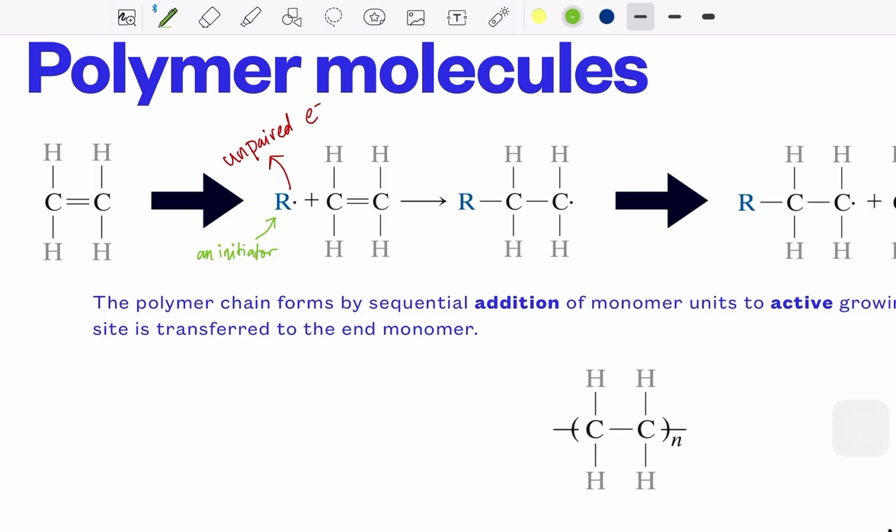Based on the name itself, initiator, it is to initiate something. It needs to trigger something. What's something? That's the reactions, of course. Usually it has the unpaired electron because this unpaired electron wants to look for its friends, right?